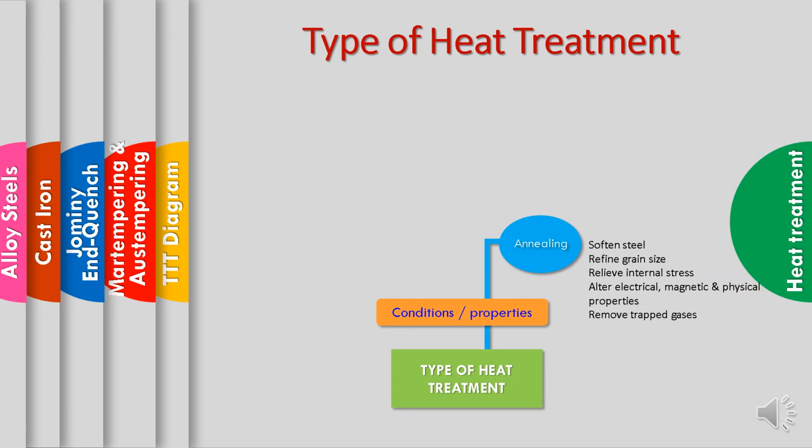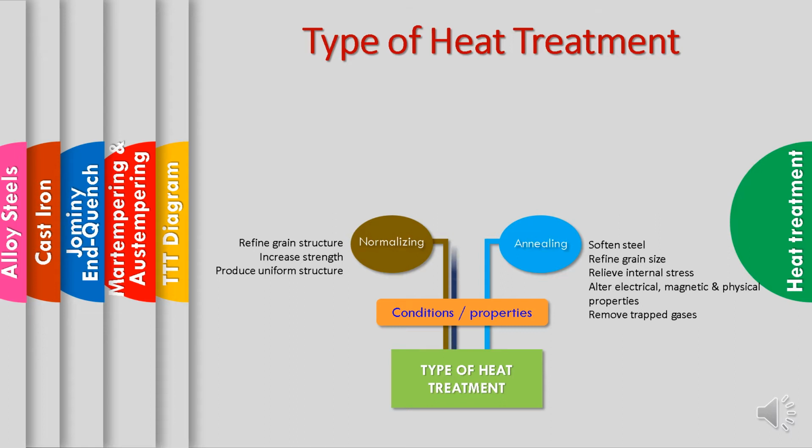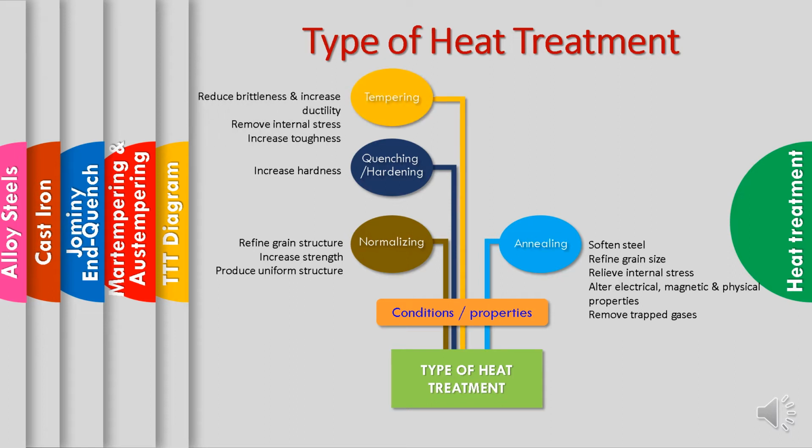Looking at the types of heat treatment and the purpose of each process: normalizing is to refine grain structure and increase strength. Quenching is basically to increase hardness. Tempering is to reduce brittleness, increase ductility, and remove internal stress.